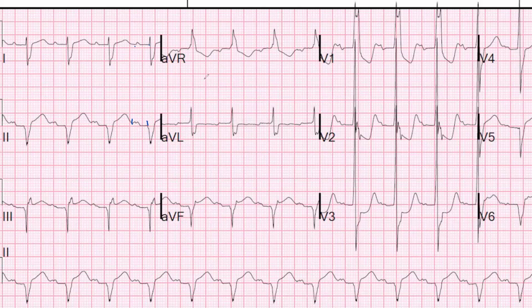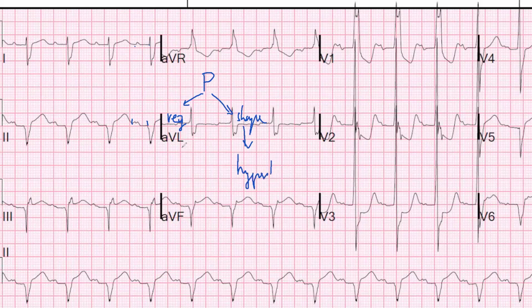First of all, when we evaluate the P wave itself, this is the regularity of the P wave, or shape. Shape is usually for hypertrophy.